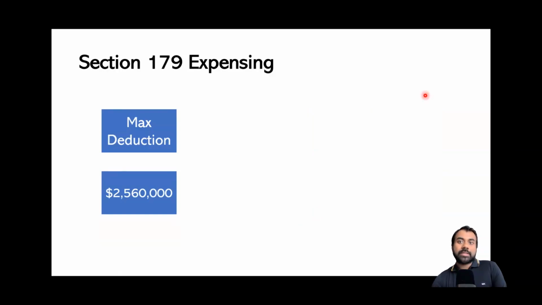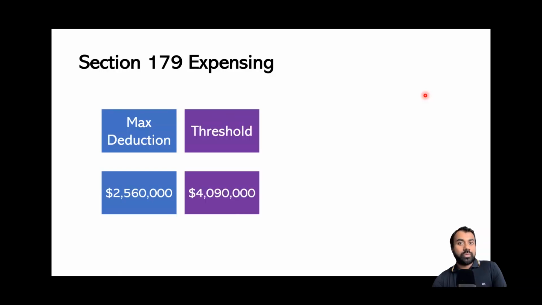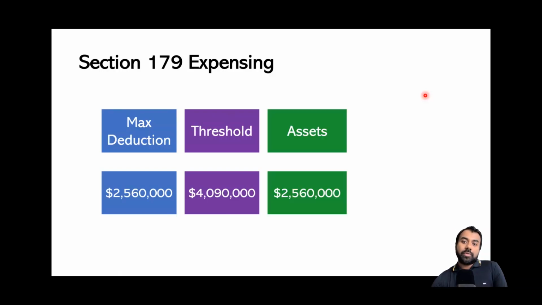So let's go back to our previous example. We had the maximum deduction in the tax year 2026, that's 2.56 million. The threshold amount, we say that's 4,090,000. Now let's think about a business that put 2.56 million worth of assets into their business, exactly equal to the maximum deduction amount and well below the threshold amount.